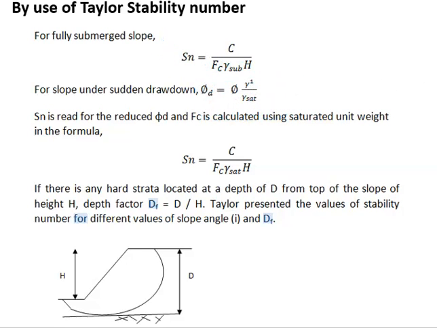In this method, stability numbers are given with respect to different values of phi and even i values, in the form of tables and charts. So by finding the stability number corresponding to the i and phi values, we can estimate the factor of safety. So here if it is subjected to sudden drawdown, we have to find the Sn value corresponding to phi-d.